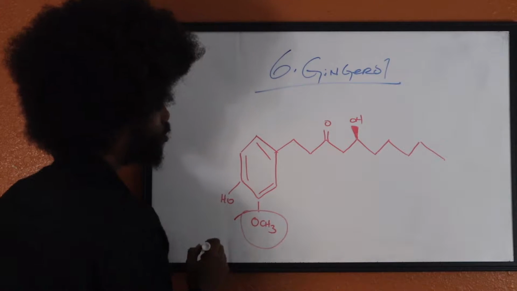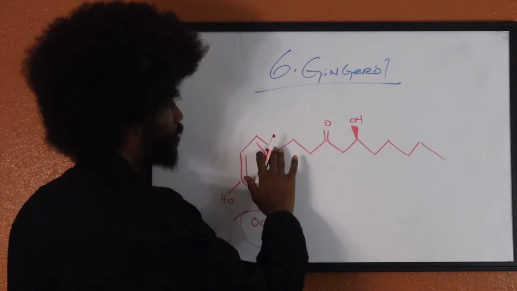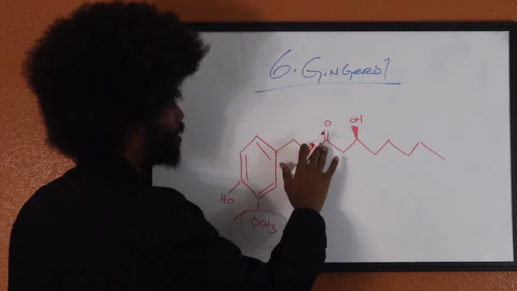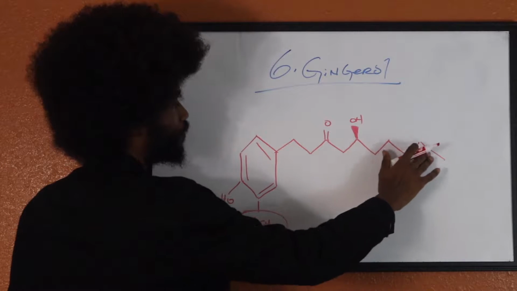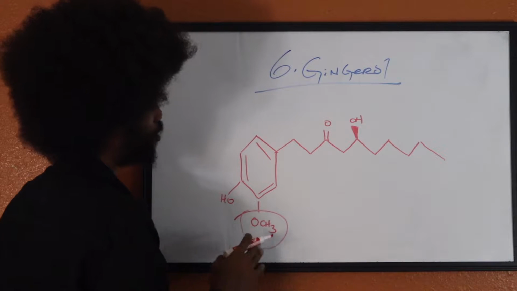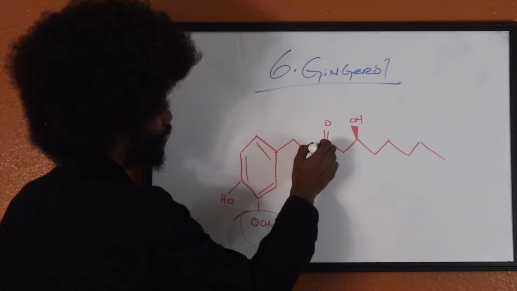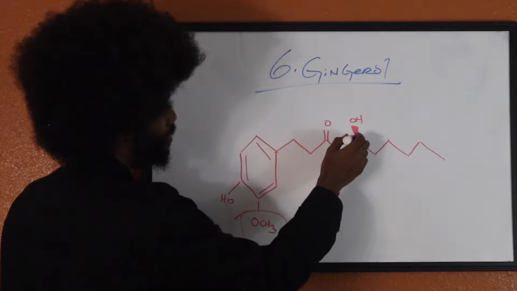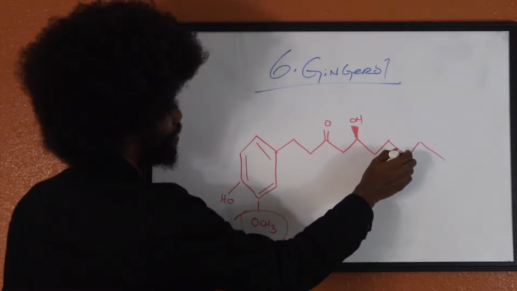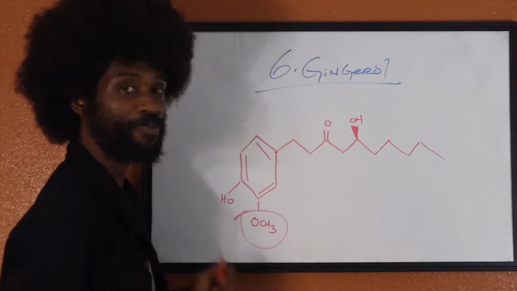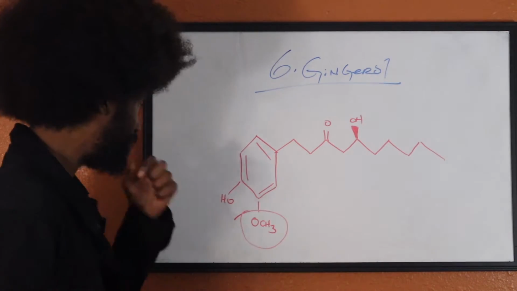We've got this OH, and then we also have these 6 peaks right here. Remember, each point represents a carbon. So all of these are carbon. Every point, every end is a carbon.